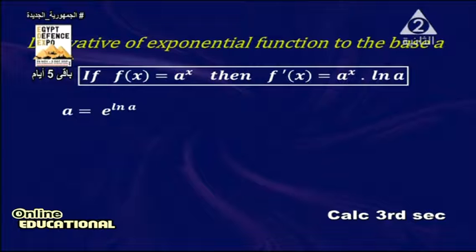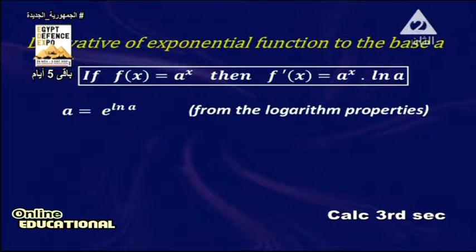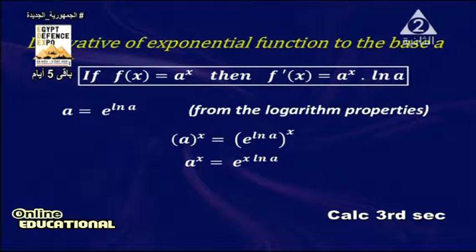We know that a equals e to the power ln a from the logarithmic properties. Then a to the power x equals e to the power ln a, all to the power x. So a to the power x equals e to the power x multiplied by ln a.